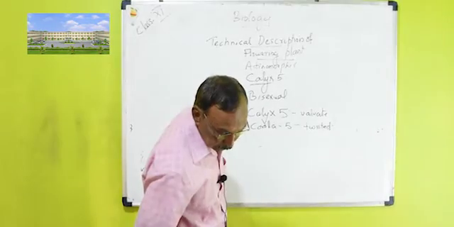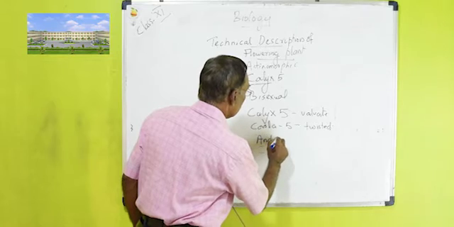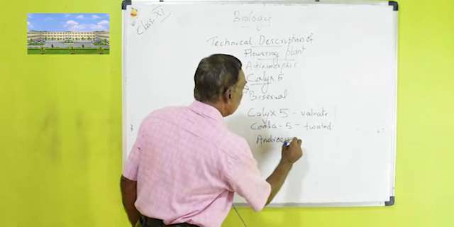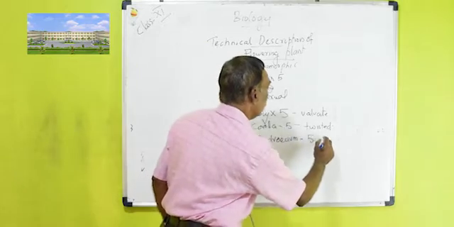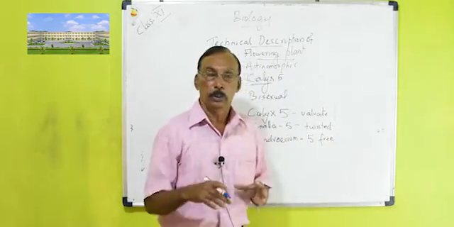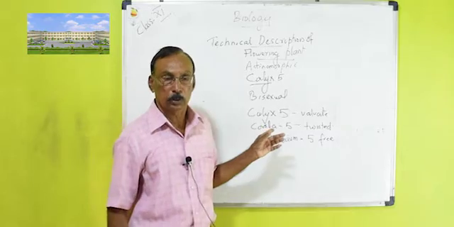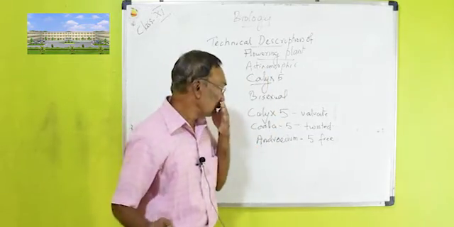Let us see androecium. 5 stamens are there, free stamens, not united, free. In some cases, you can see it may be united as a tube. In Hibiscus, for the tube, all stamens are united.